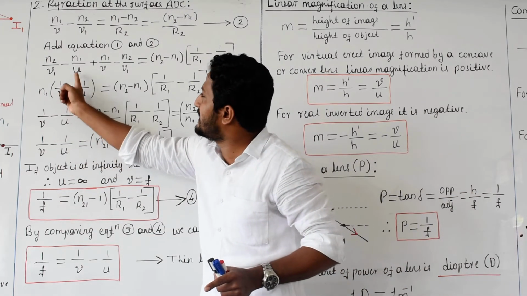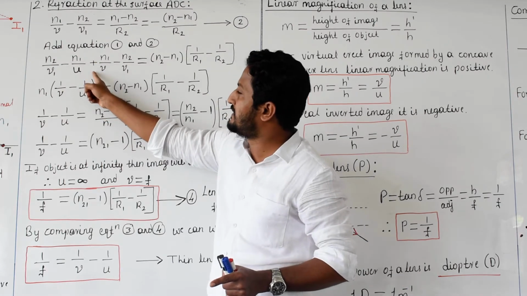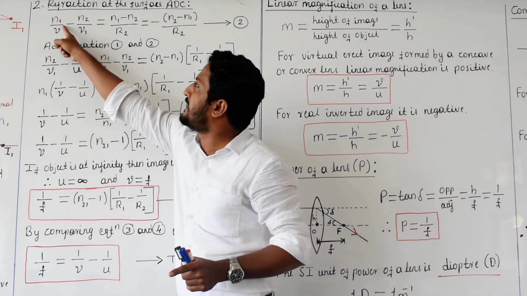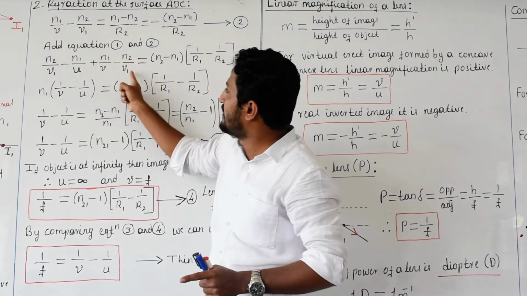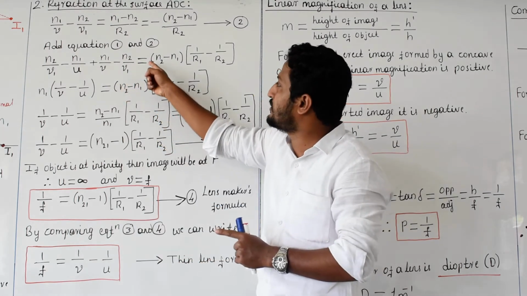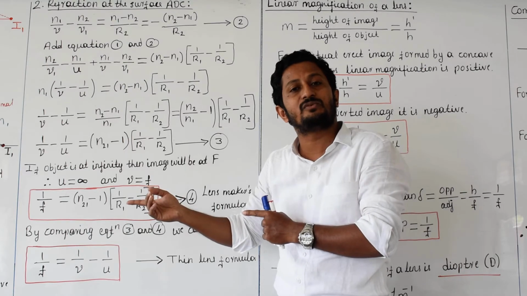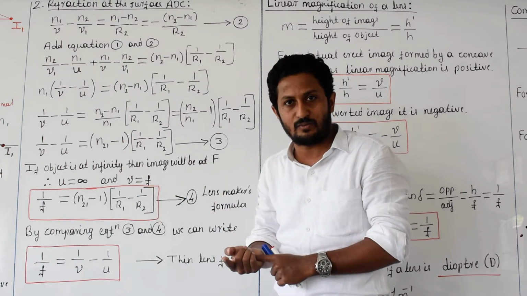This is the LHS of equation 1, plus this is the LHS of equation 2, that is n1 by v minus n2 by v1. Similarly, add their RHS sides. In equation 1, the numerator is n2 minus n1.